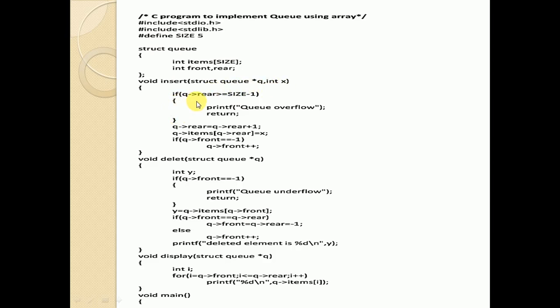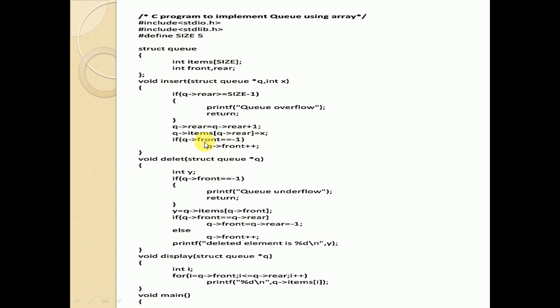If q of rear is greater than or equal to size minus 1, then you have to print queue overflow and come out. Otherwise, q of rear is incremented to q of rear plus 1, meaning at that time you can insert the value into the queue, that is, through the integer value x you can insert into the queue.